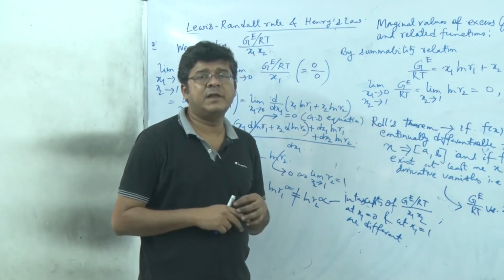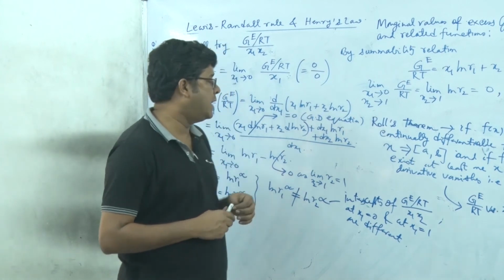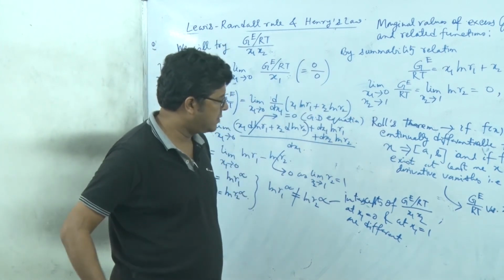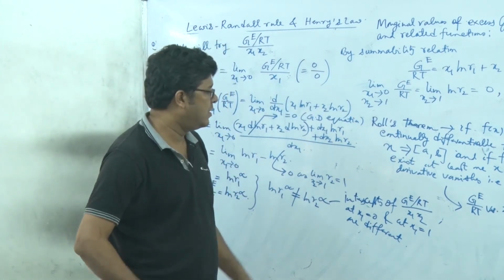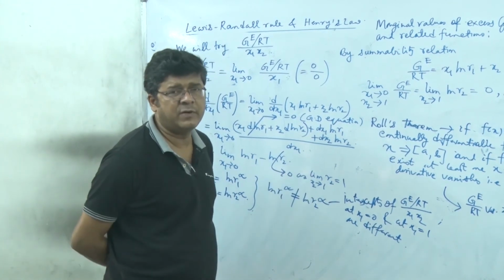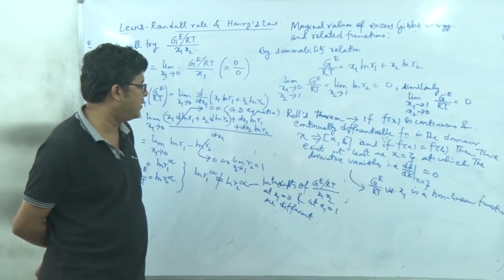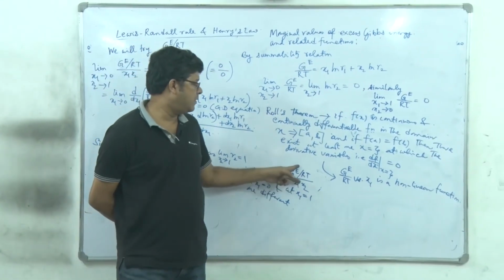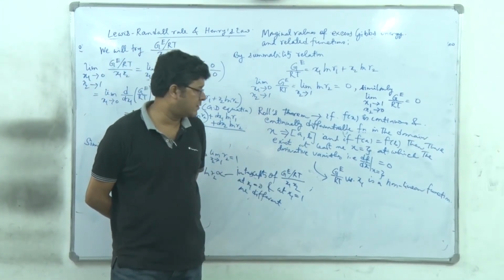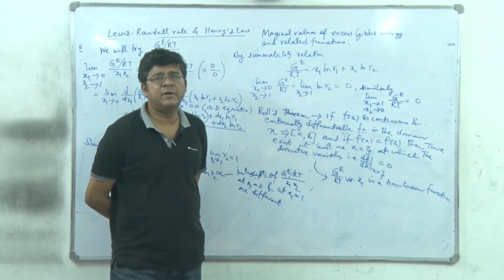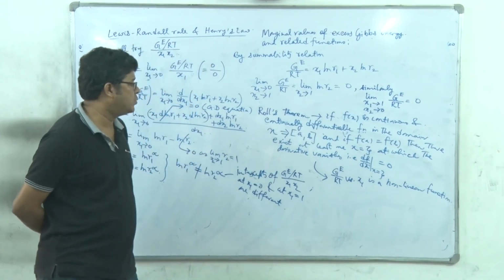From the vapor liquid equilibrium data conducted at different initial feed compositions, we will get different liquid phase compositions. Whenever we have different liquid phase compositions, we can solve for gamma 1 and gamma 2.